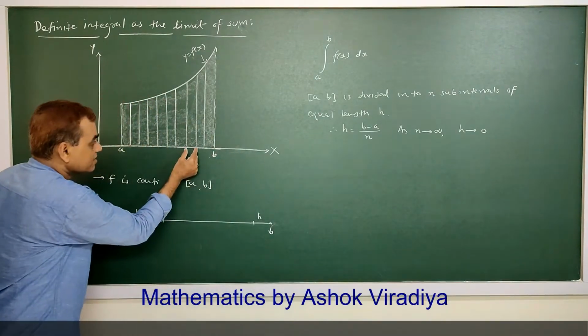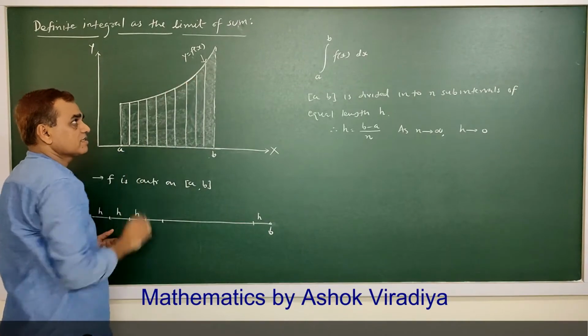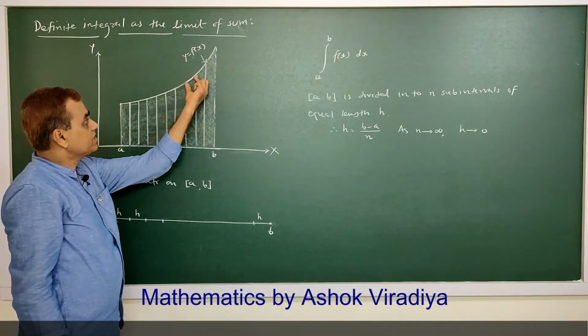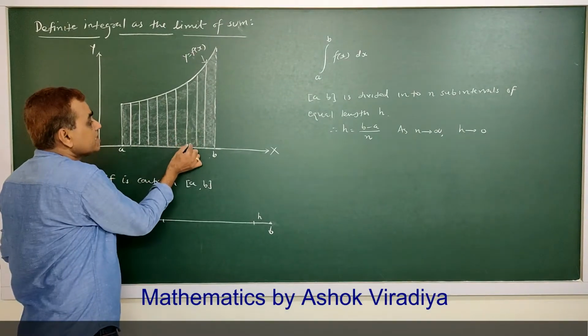As you decrease this length, this curved shape will reduce. As you decrease the length of the subinterval, the strip will be thinner and thinner.